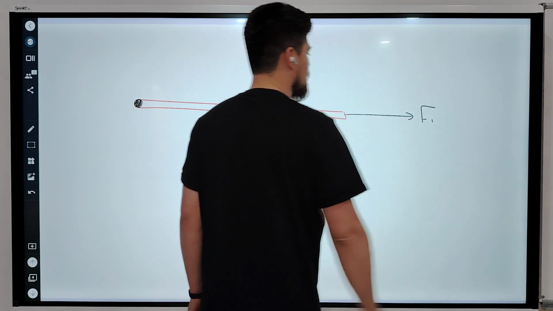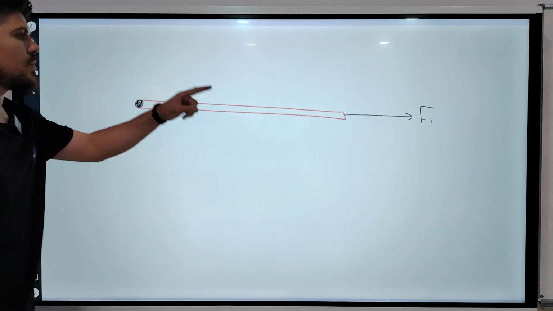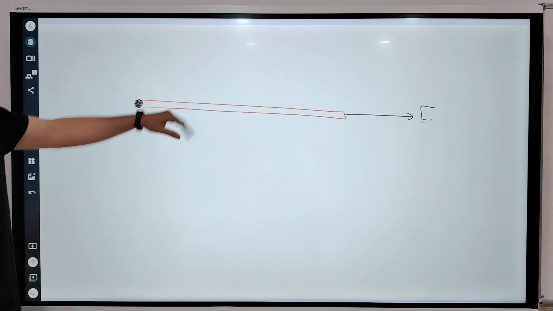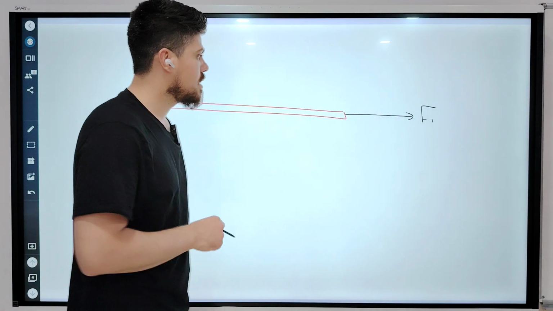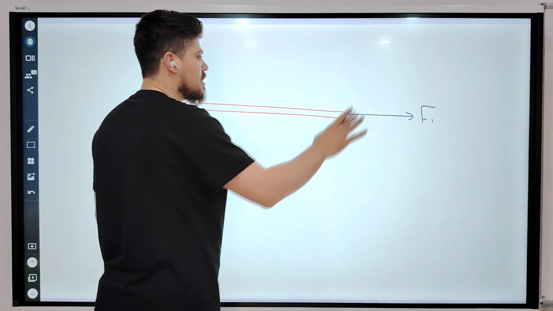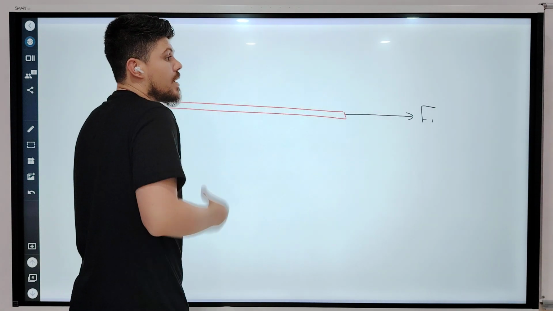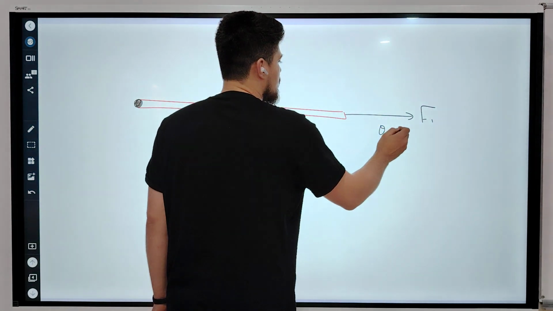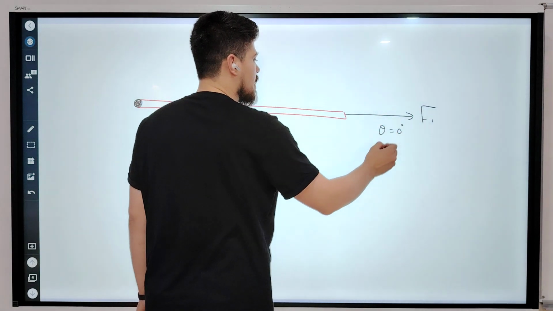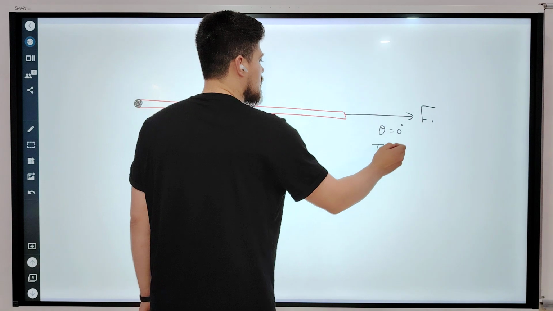This is F1. Can this force rotate this beam? No. Why? Because the force does not make an angle. So the angle between F and D is equal to what? 0 degrees.